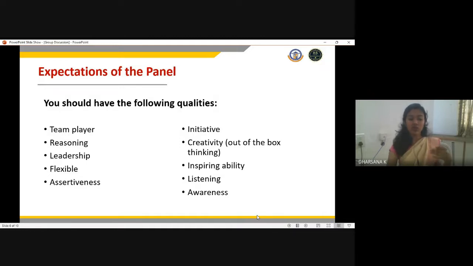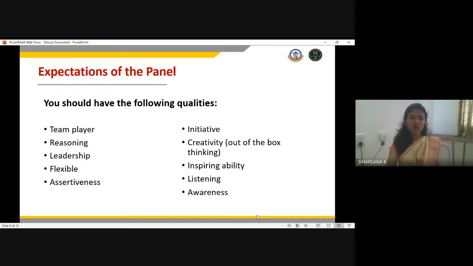They'll be checking whether you are flexible, your assertiveness, your initiative skills, your creativity, whether you are able to think out of the box, whether you are thinking differently from other people, and your inspiring ability, whether you are able to inspire your fellow group mates, and your listening skills.